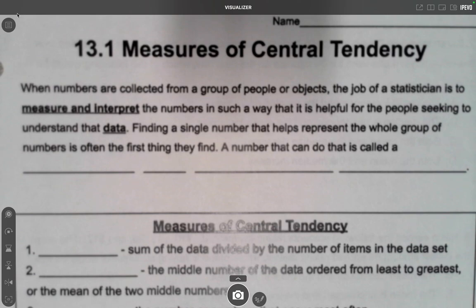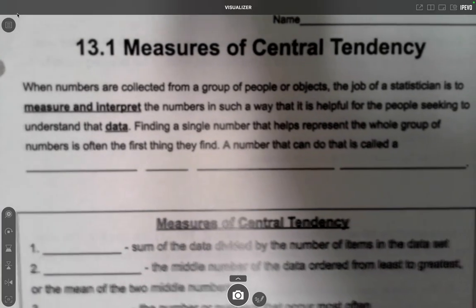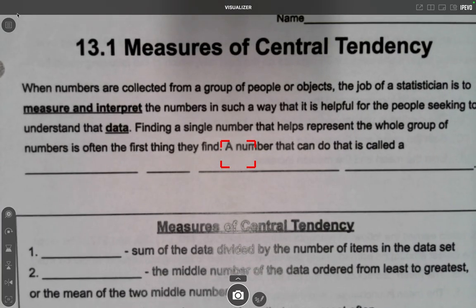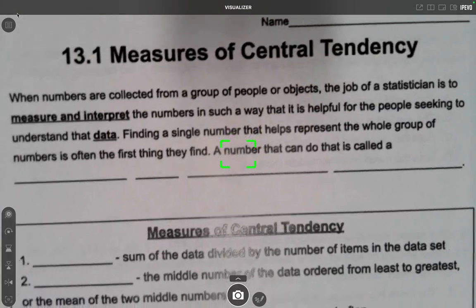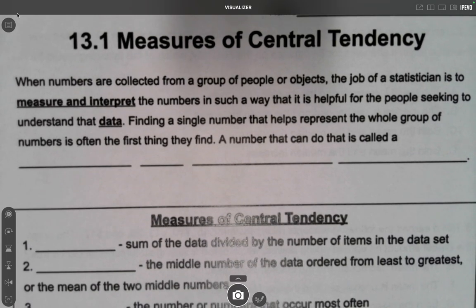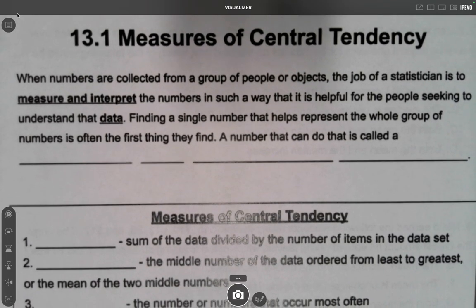So measures of central tendency is what we'll be dealing with in this first section. When numbers are collected from a group of people or objects, the job of a statistician is to measure and interpret the numbers in such a way that it is helpful for the people seeking to understand the data. And you can say data or data, both are correct pronunciations.